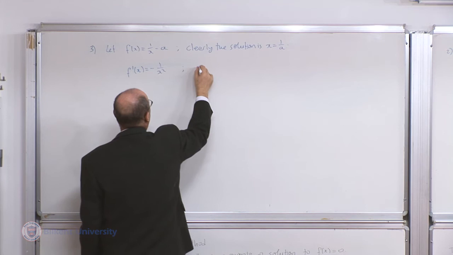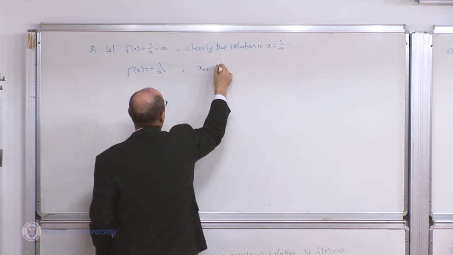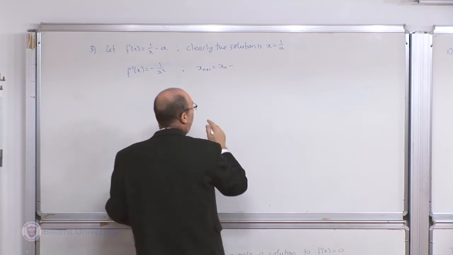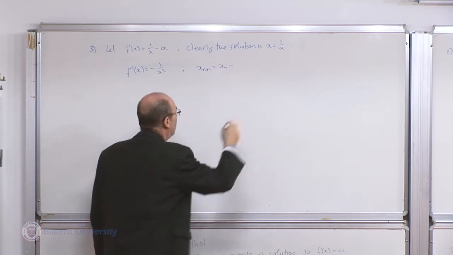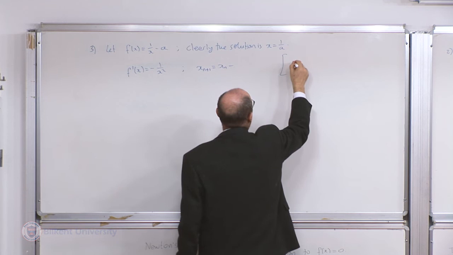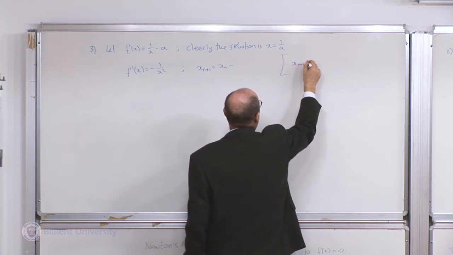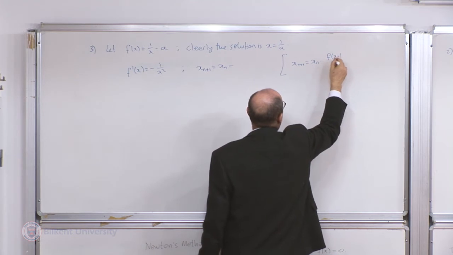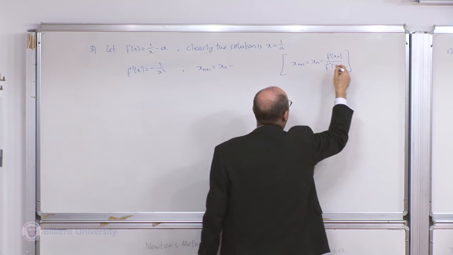So we have xn plus 1 is equal to xn minus f of x. So where was the formula? Let me write the formula here. In general, xn plus 1 is xn minus f of xn divided by f prime xn. Okay.